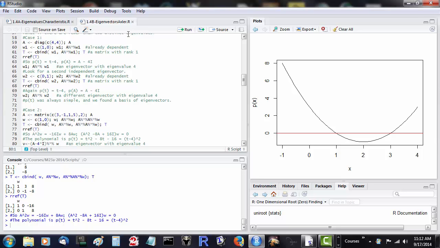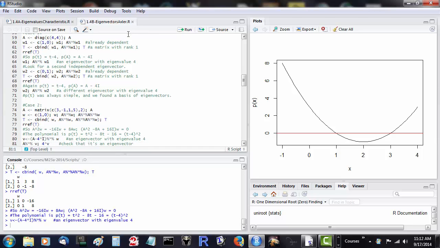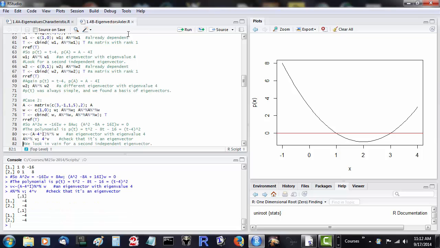That means if I hit W twice with A minus 4I, I will get 0, or equivalently, if I hit it once to get a vector v, then hitting it a second time with A minus 4I will give 0. In other words, v is an eigenvector with eigenvalue 4, as I can easily check.